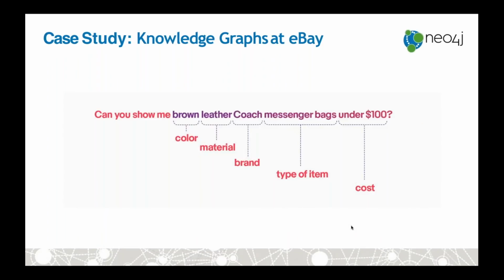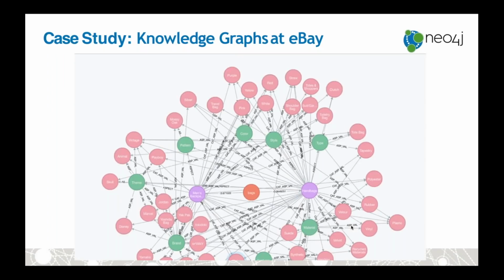Just to show you very briefly how this works at a high level, this is a sentence that you as the user would pose, and what's happening here is it's parsing this language and breaking it up so that it identifies what the entity is, but also what the attributes of the entity are: the color, the material, the type, the cost, things like that.